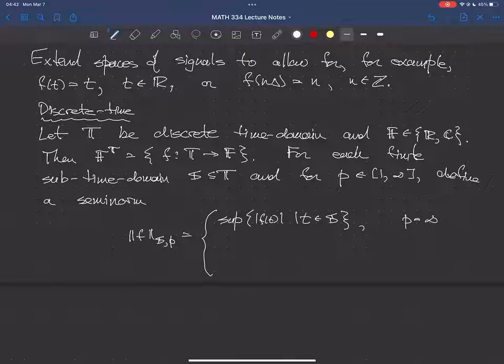And then in the p less than infinity case, we get the usual sum, but again, you only do this over S.